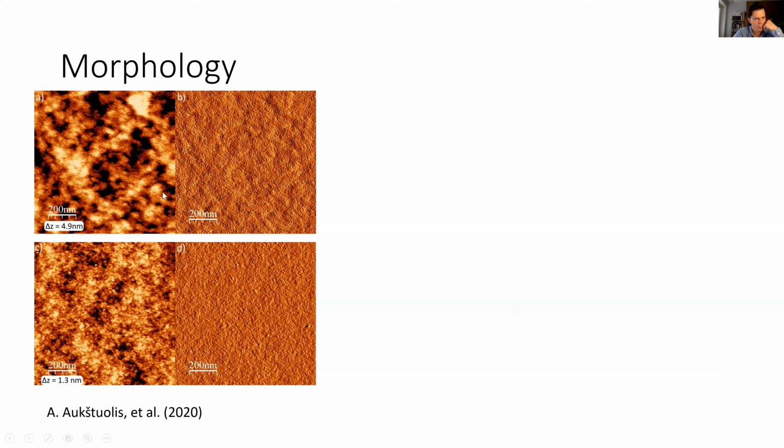So what we did next, we did XRD measurements, and as well, we didn't see any points that would show a highly crystalline structure in a direction.